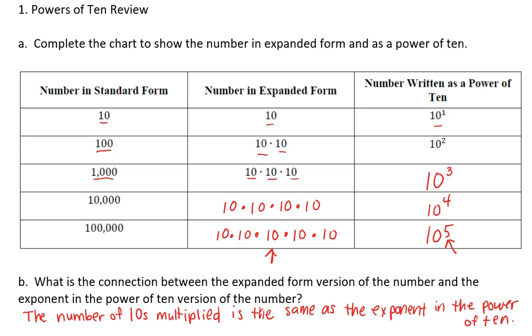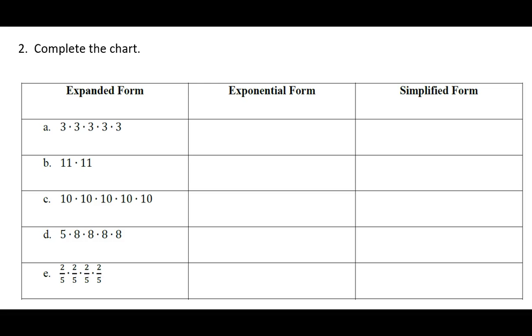In 10,000, I multiplied 4 tens together, and that matched the 4 in the exponent for that number. So there's a good connection between the expanded form and the exponent when we write those powers of 10. We'll use those same ideas when we represent other numbers that are not 10 in exponential form and simplified form.